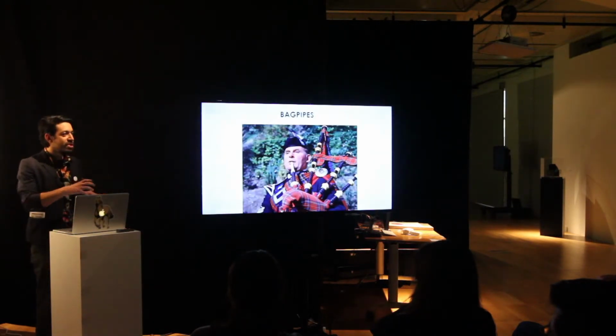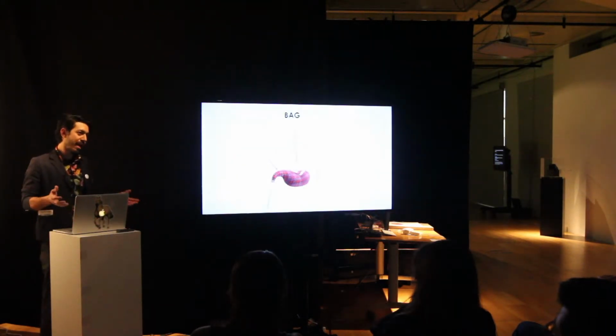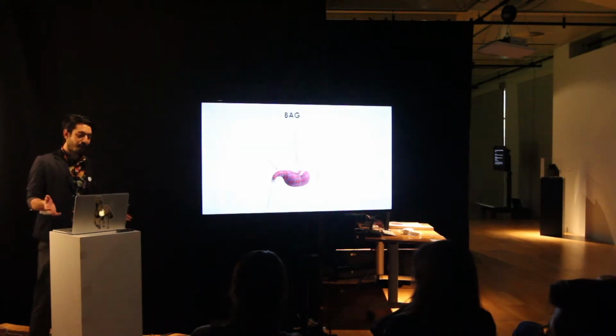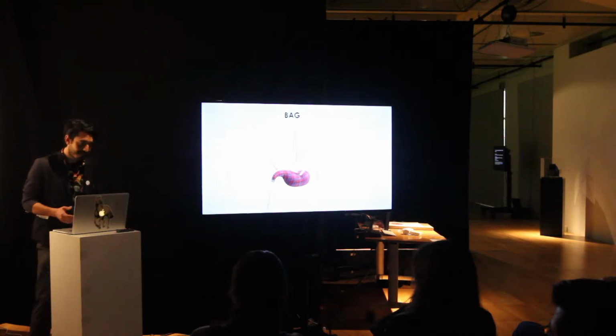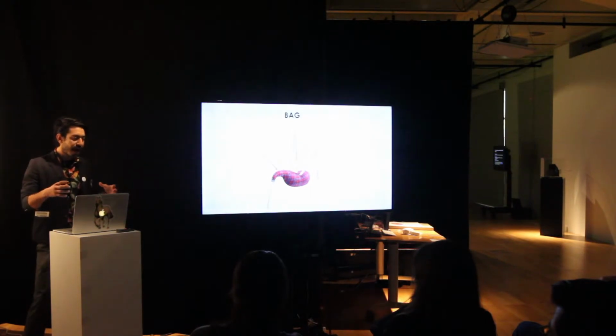So, let's dissect this bagpipe, okay? To begin, of course, the main element of the bagpipe is the bag. The bag is the main piece of this instrument, and it's an air storage reservoir that can hold the air and can be used to regulate its flow.